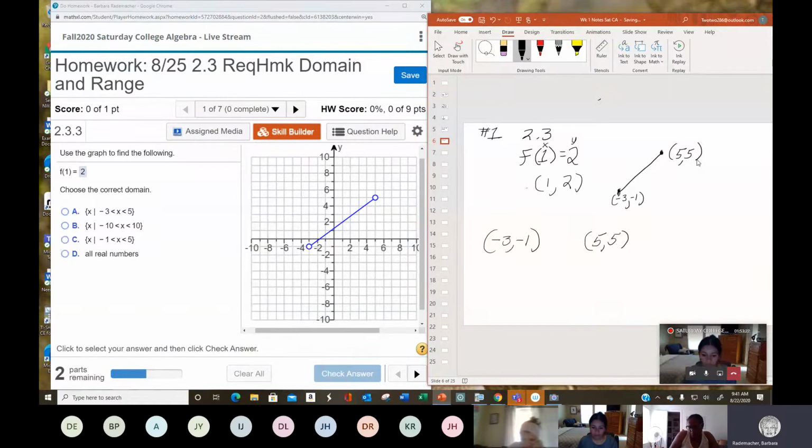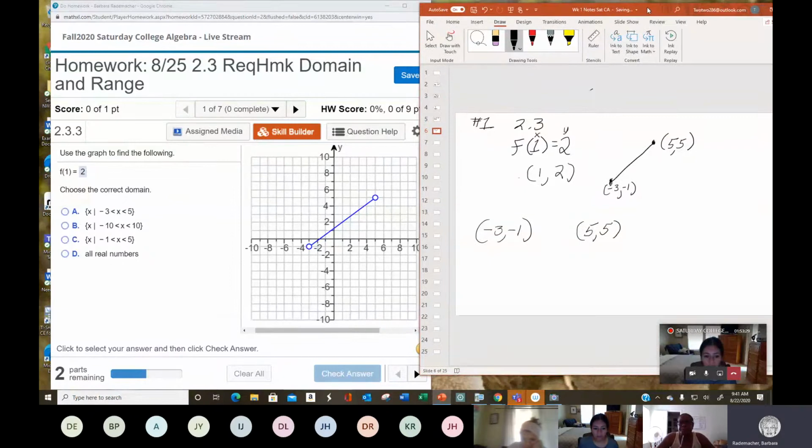Can you see that okay? Or is it too small? I can see it. Is there anyone who can't see it? Because I'll just keep playing with it. Control plus, see if that works? No, okay.